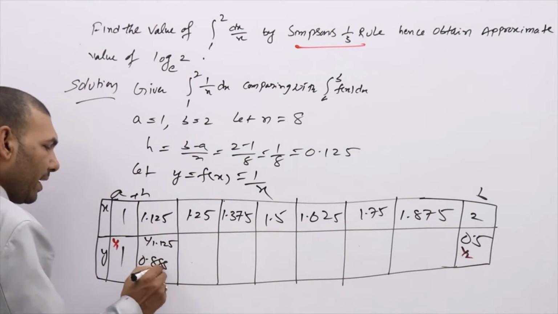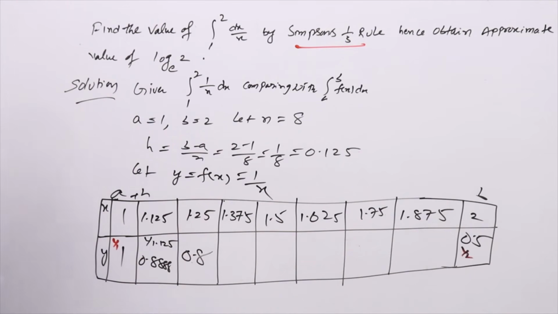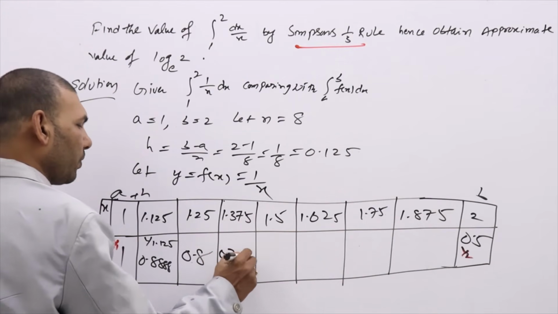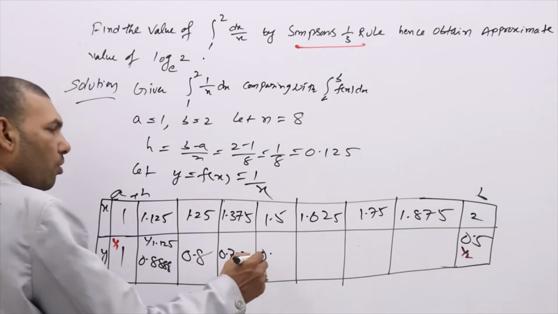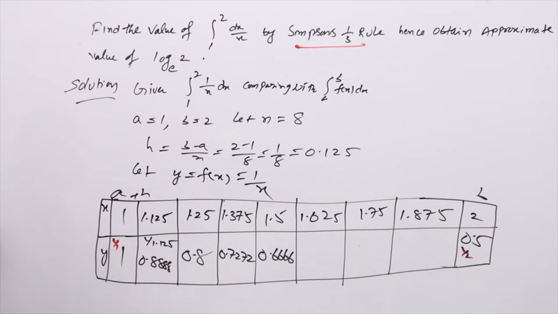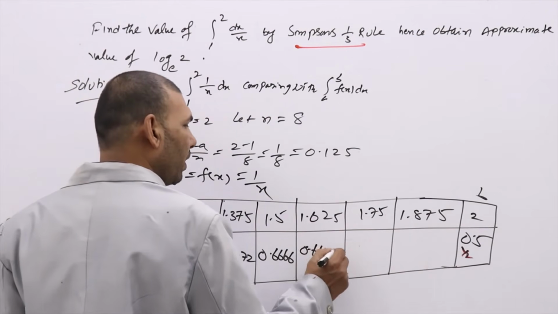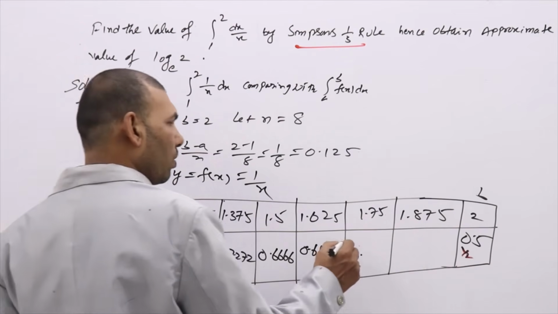From the calculator, this value is 0.8889, 0.8, 0.7272, 0.6667, 0.6154, 0.5714, 0.5333. Up to 4 decimals we are doing the problem. That's why I am taking 4 decimals.